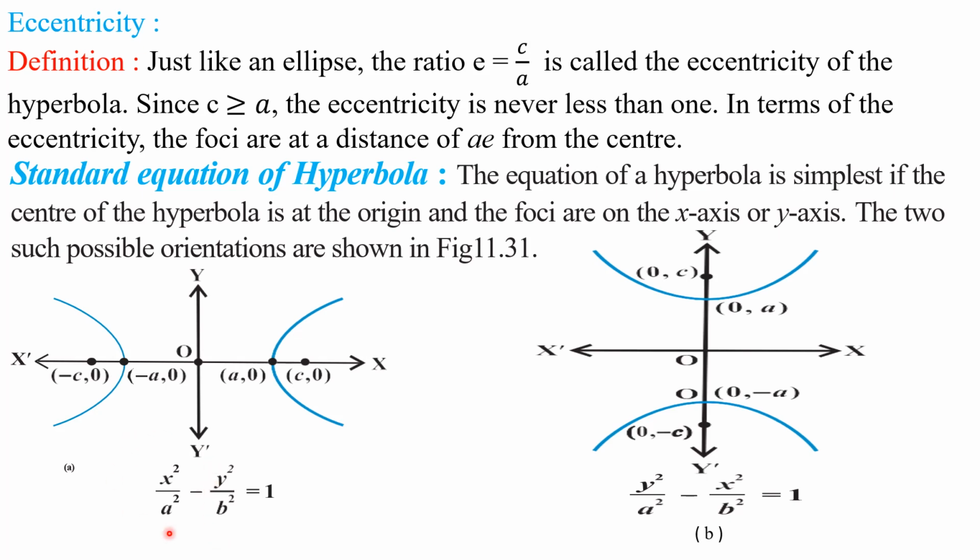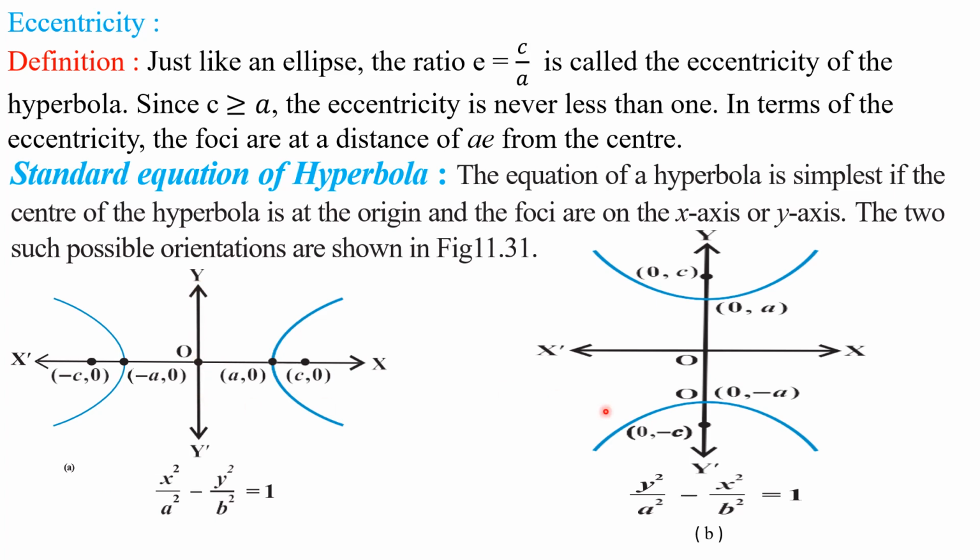This is 13.31a and this is 13.31b. In 13.31a, the transverse axis is along the x-axis and the conjugate axis of the hyperbola is along the y-axis.